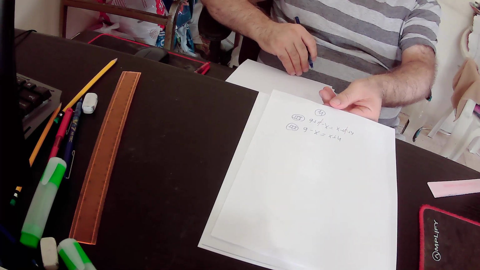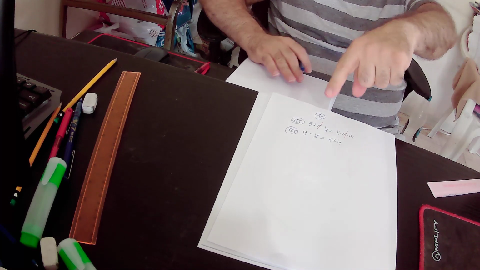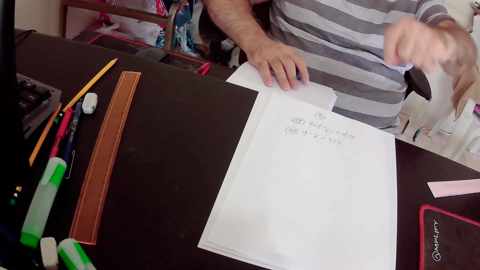After we cancel r, what is left is 9 minus x equals x plus 4.